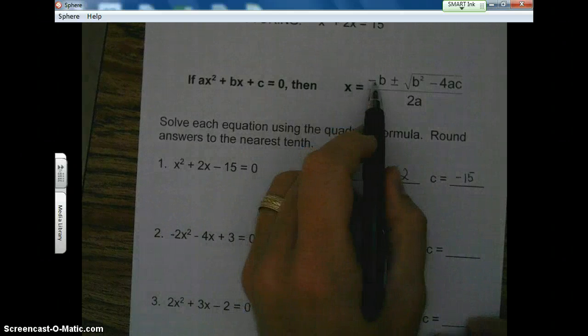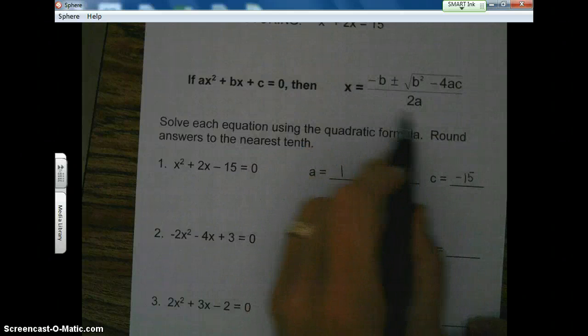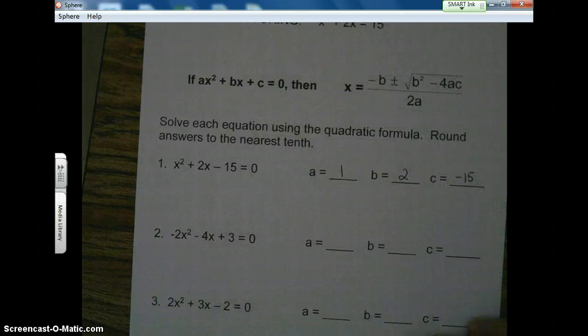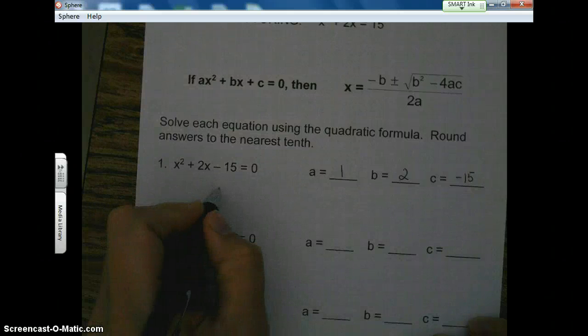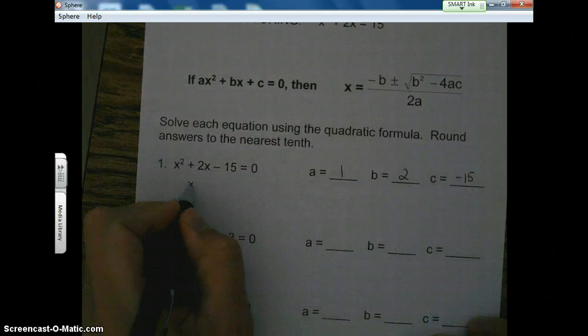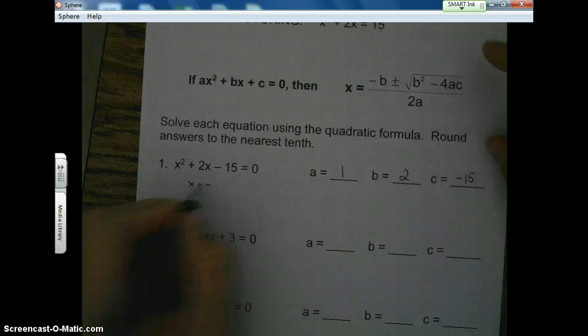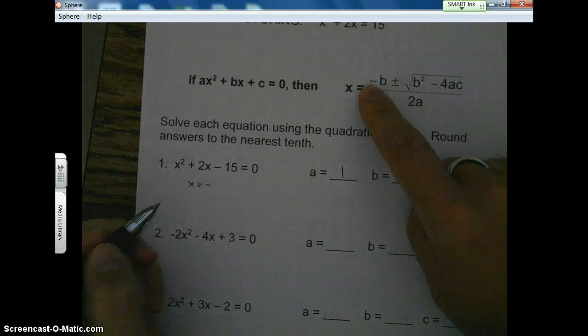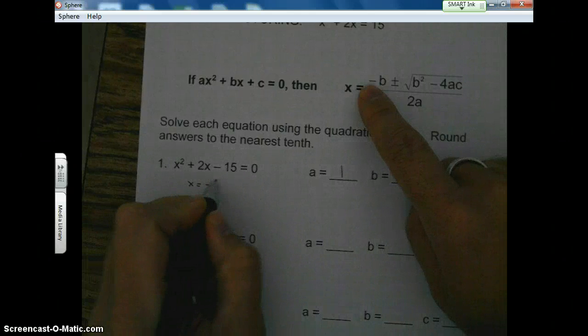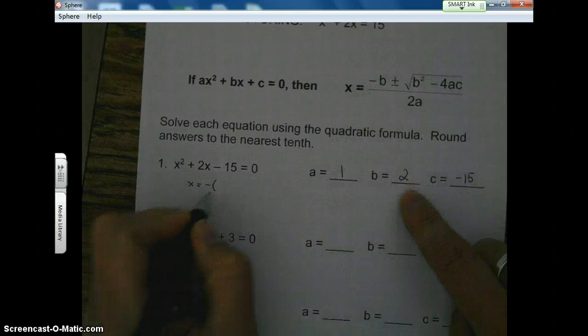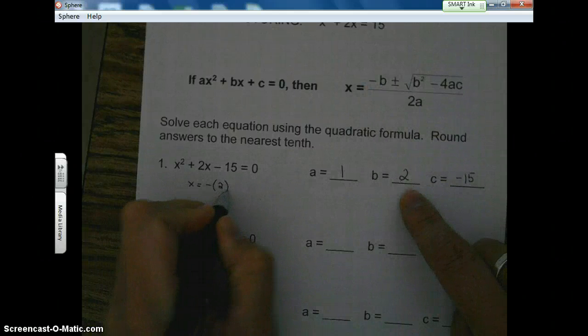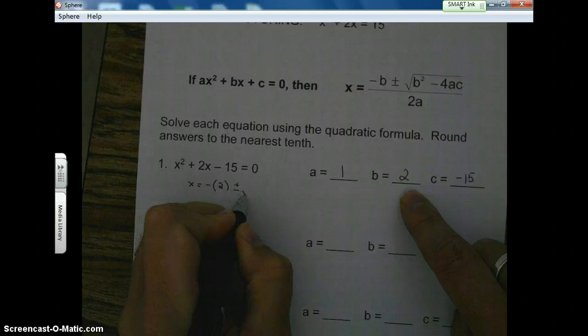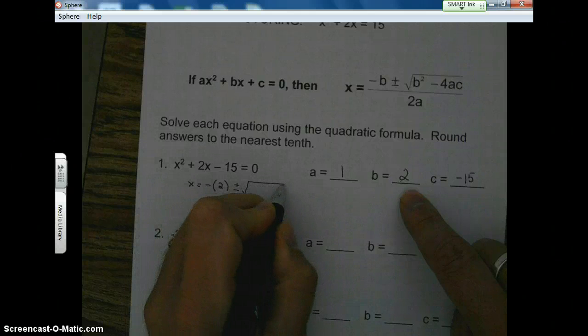Remember, everything that you see in this formula is part of the form. So we have x equals negative. That's part of the form, so you have to write it down. Now we plug in the b value, which is 2, plus or minus. Then we make our radical.